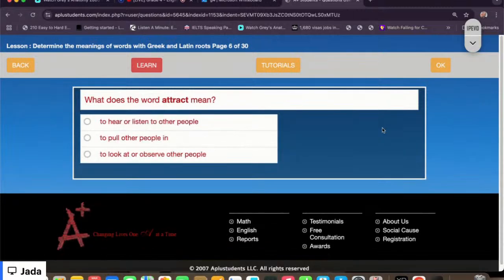What does the word attract mean? To hear or listen to other people, to pull other people in, to look at or observe other people. What does attract mean?